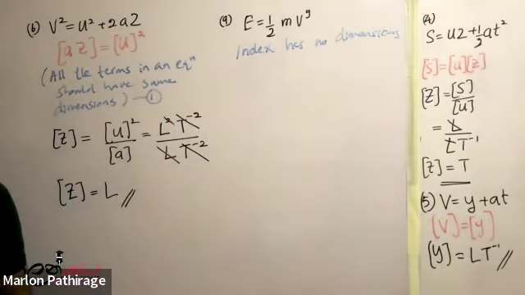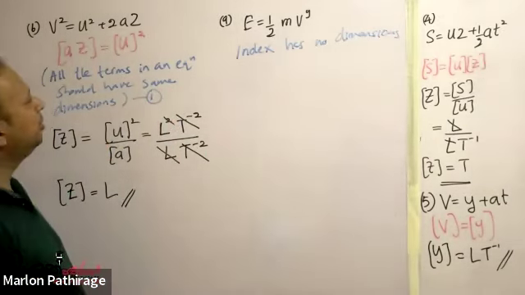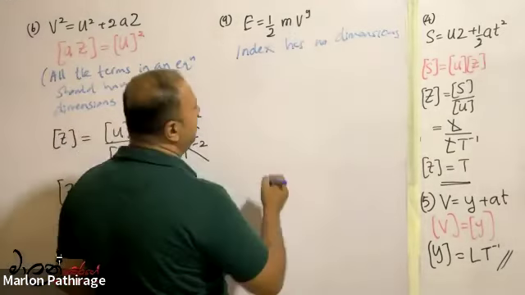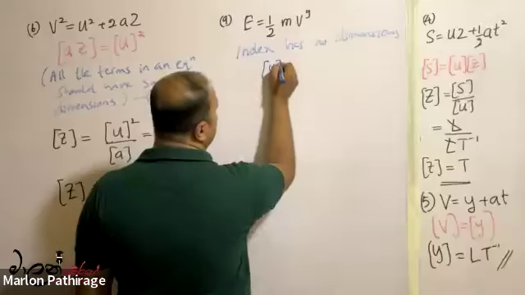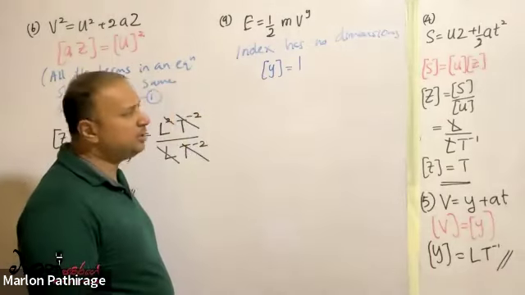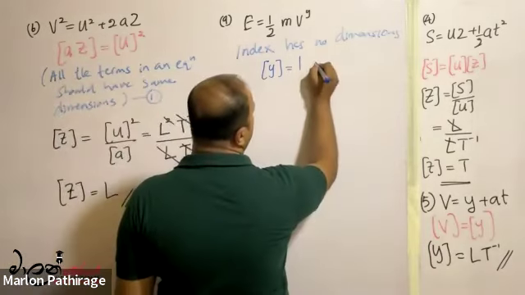So you can use that argument. If you use that argument, you know y is an index. Therefore, the dimension of y should be equal to 1. It doesn't have a dimension, or you can write no dimension.